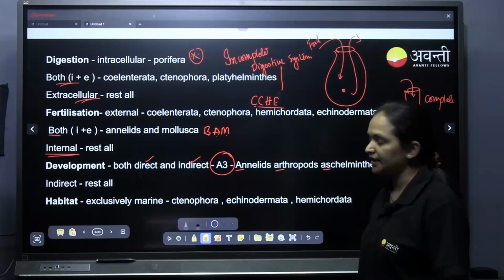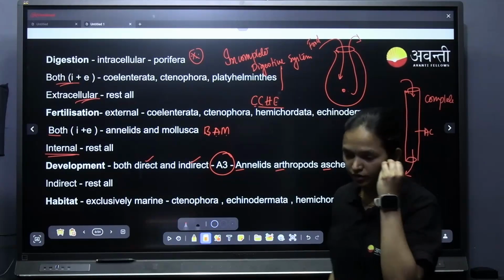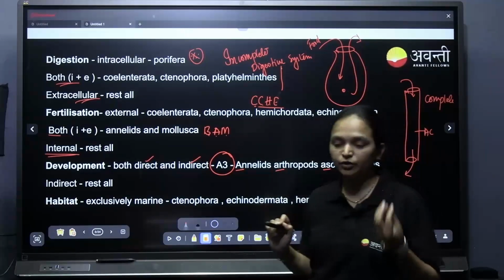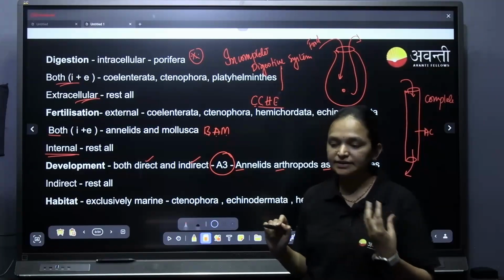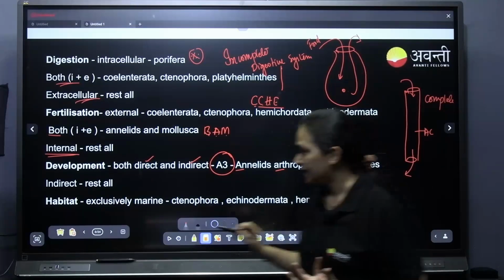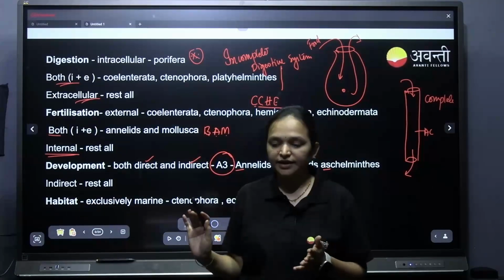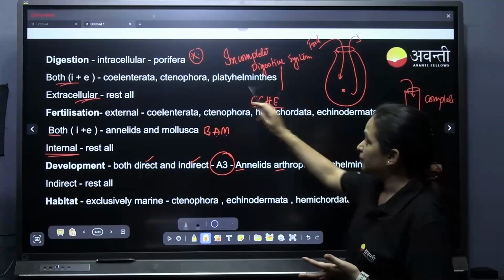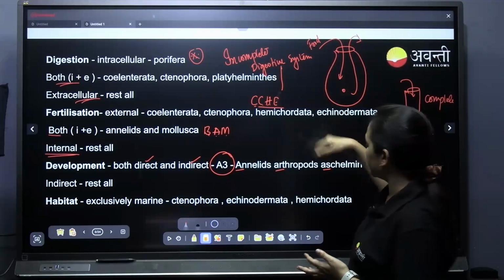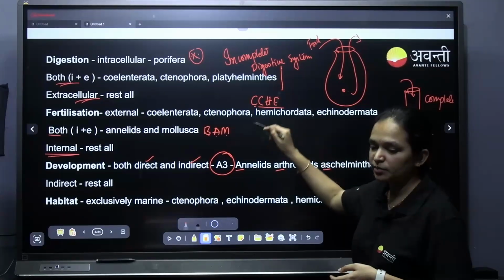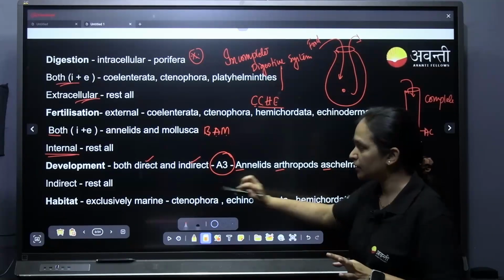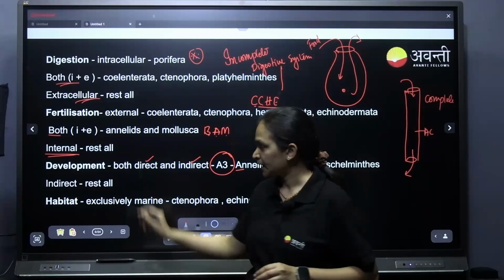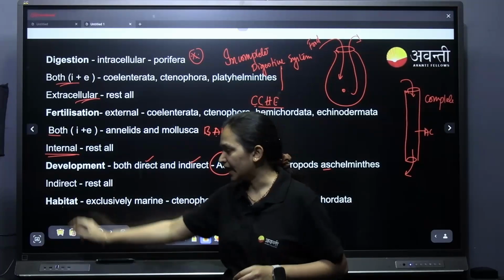They have both direct and indirect types, which means some of the members of the annelids, arthropods and aschelminths will be undergoing direct development and some will be undergoing indirect development, and rest all are having indirect development, may it be porifera, may it be coelenterata, may it be platyhelminths, next mollusk, echinodermata, everything will be undergoing indirect, which means they have the larval stage. Understood? So this is about the development. Next, about the habitat.